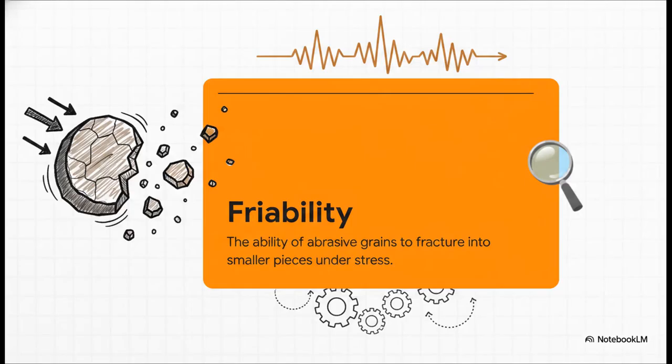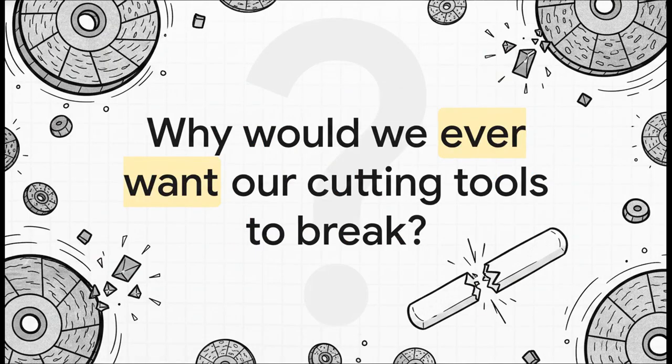Now, this brings us to an absolutely crucial concept called friability, and it introduces this wild engineering paradox into how we design these grains. Friability is the ability of an abrasive grain to fracture into smaller pieces under stress. So why on earth would we intentionally design our industrial cutting tools to break? Sounds counterintuitive, right?